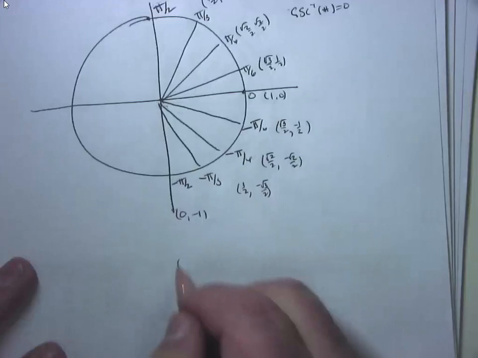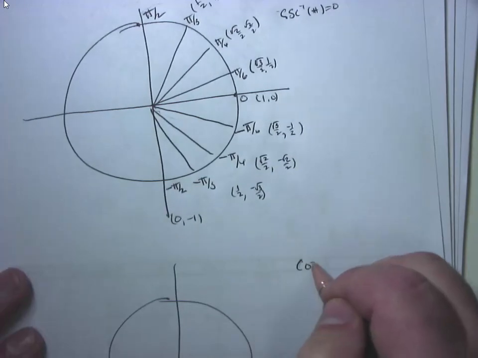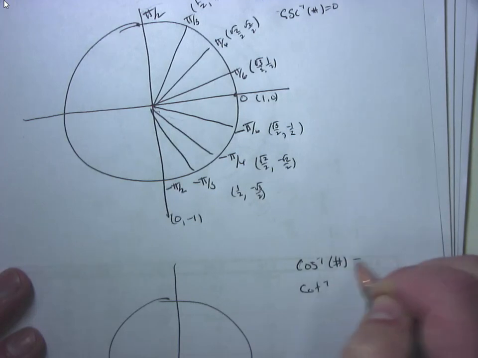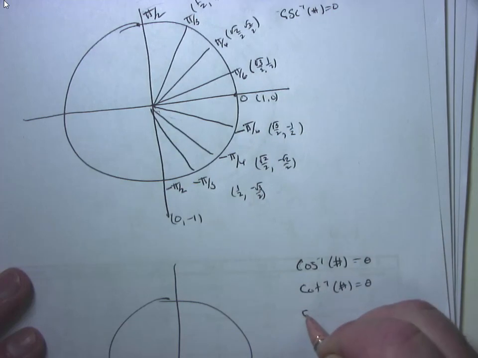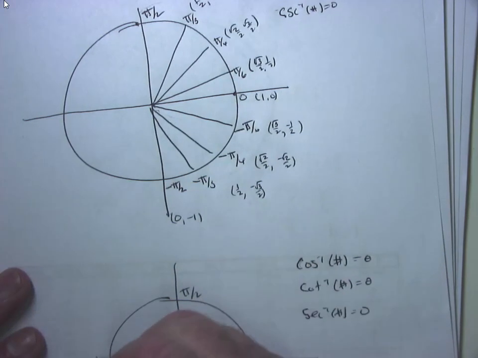And if I'm dealing with cosine inverse, cotangent inverse of a number equals the angle, and the secant inverse of a number equals the angle, it's 0, pi halves to pi.